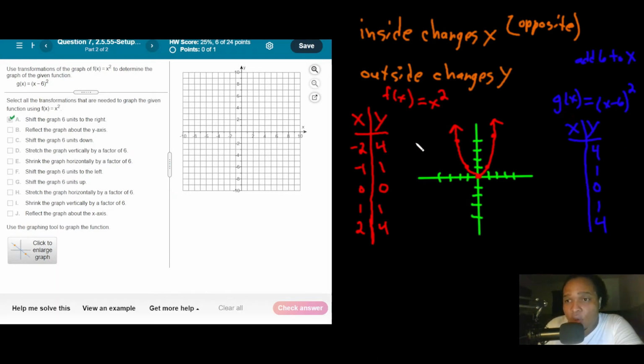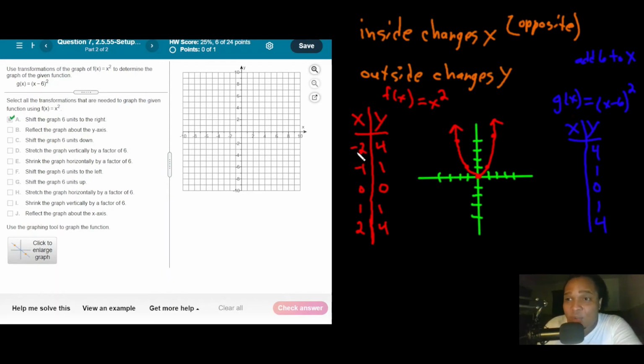Oh, we're supposed to be adding to the x's. I was looking at the y's.